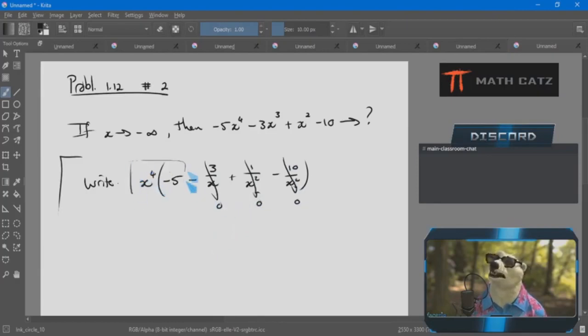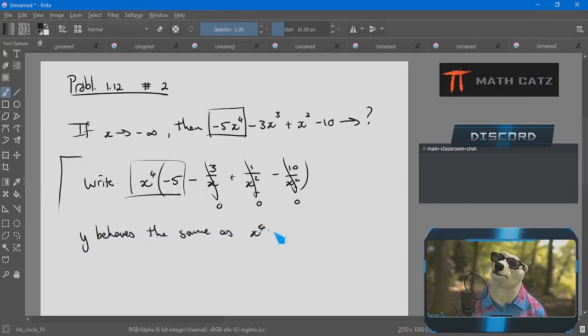The only things that are left are exactly the things in the leading term. So again, my function, I'll call it y, behaves the same as x to the 4 times -5, which is the leading term.